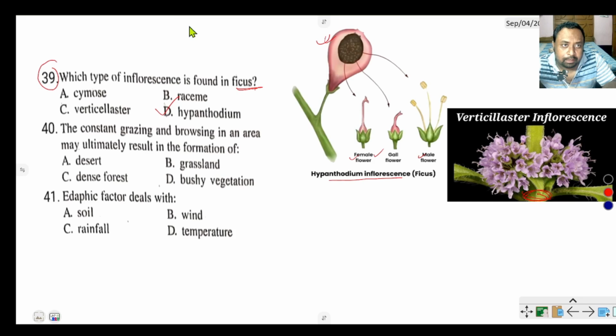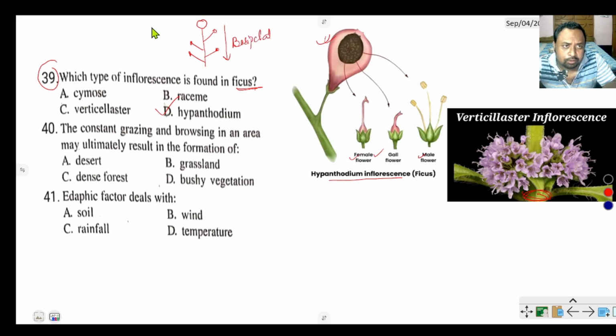Cymose means the inflorescence axis contains a flower at the tip portion and the other flowers grow in the lower portion. So development occurs from upper to lower portion, that is called basipetal type of growth.